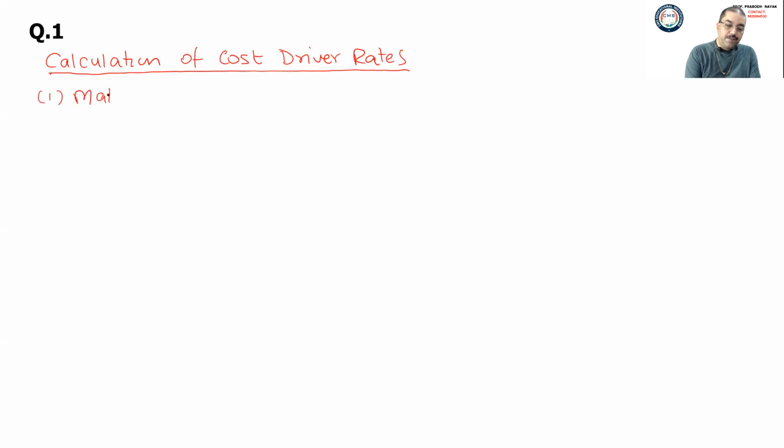First one, material purchase. If you see in the question, they have given you cost of material purchase as 9 lakhs, and that is on the basis of number of orders. So 9 lakhs divided by number of orders 3000. So the cost driver rate is 300 rupees.